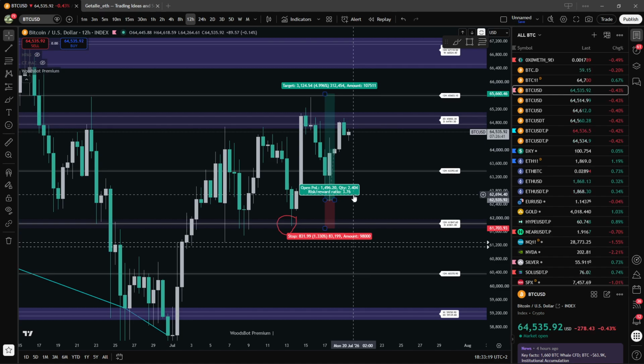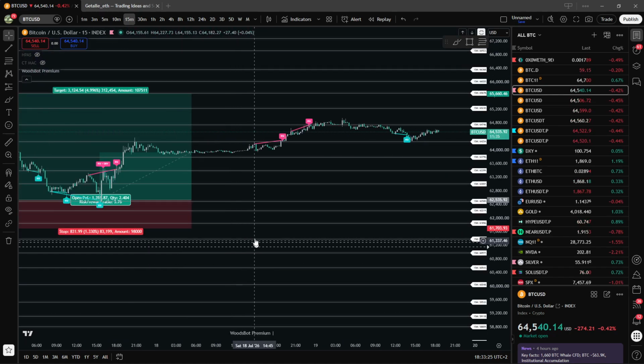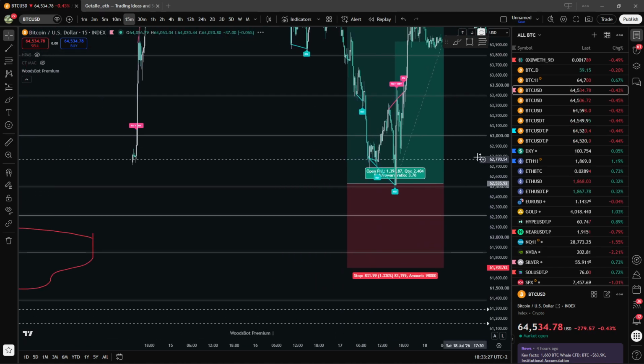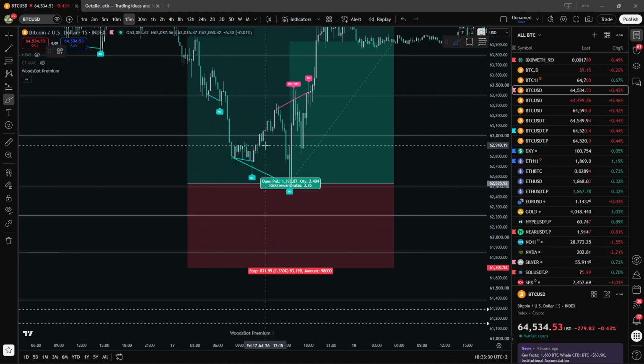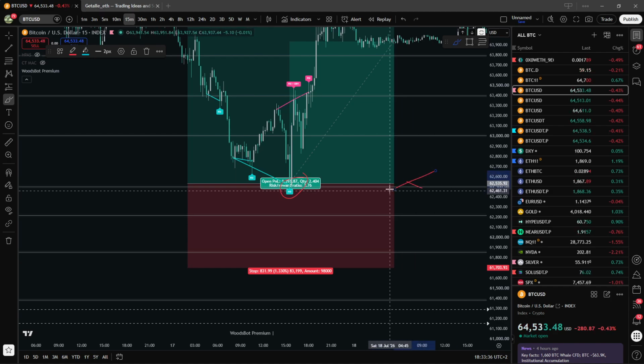If you have different triggers, you can place your stop loss in different ways. For example, if I go to the 50-minute time frame, you can see my trigger was this bullish divergence, and price action hitting the Woodsbot levels, and also price action hitting the Fibonacci level. So all of my triggers aligned, and you could also manage your stop loss manually.